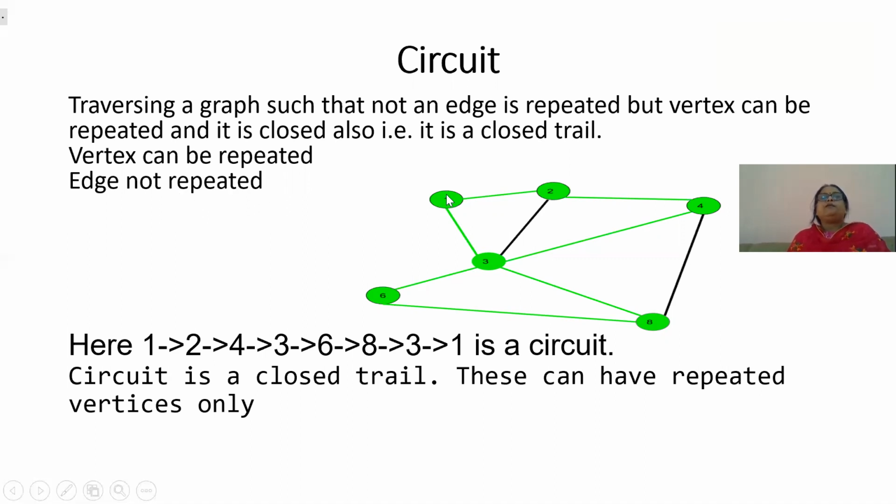In this example, 1, 2, 4, 3, 6, 8, 3, 1 is a circuit. 1, 2, 4, 3, 6, and 8. This is a circuit.